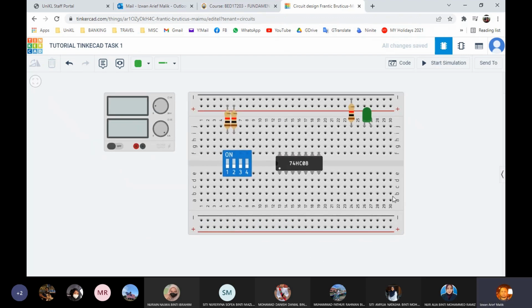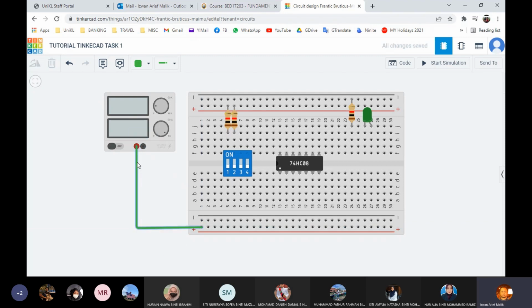First, you want to make sure that your ground and your power supply are connected to the breadboard. We know red is positive, meaning it is the 5 volts, so you can connect it to the positive rail.